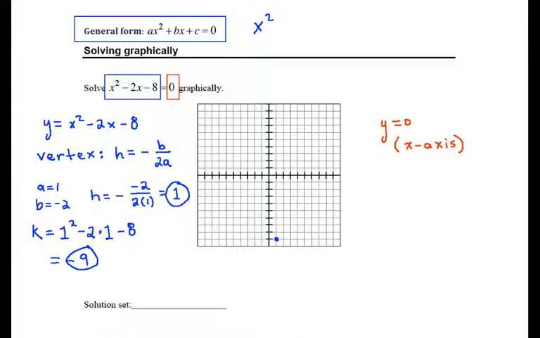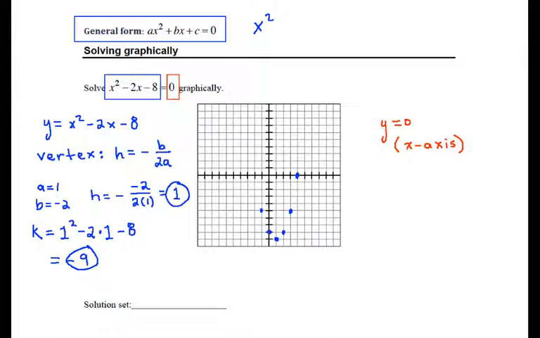I now recognize that this parabola opens up because the leading coefficient is positive, and that it has no stretching or shrinking, so this should follow the same exact pattern as the graph of y equals x squared, which means it'll pass through the points 1, 1, 2, 4, and 3, 9, all plotted relative to the vertex instead of relative to the origin.